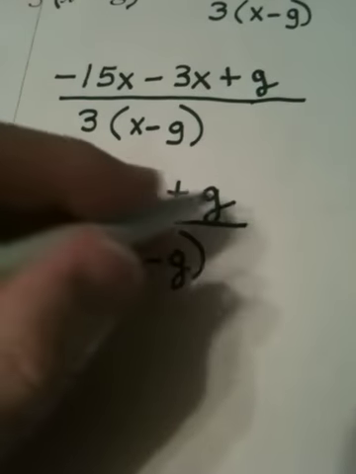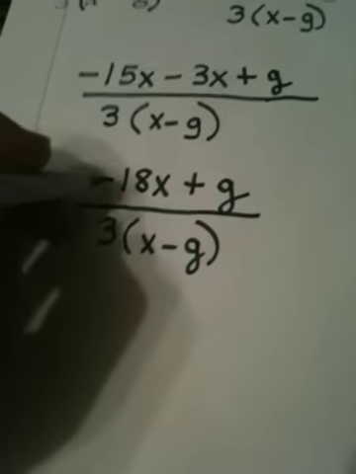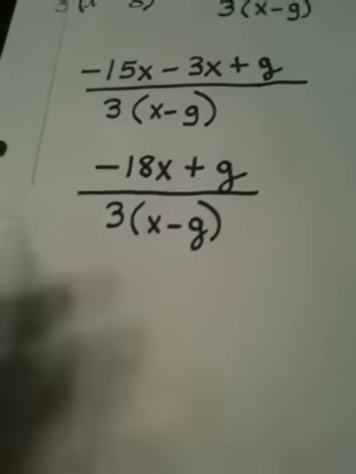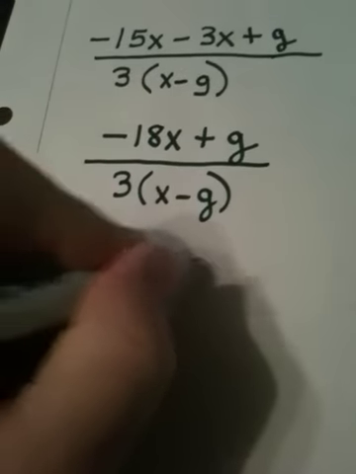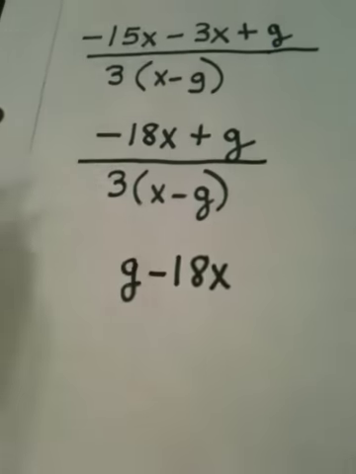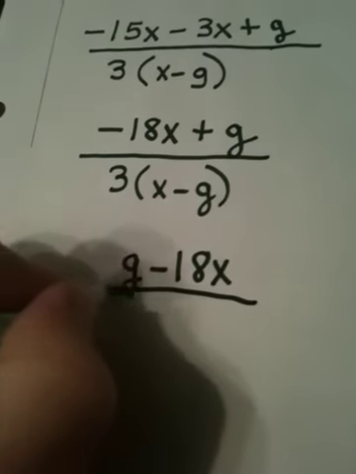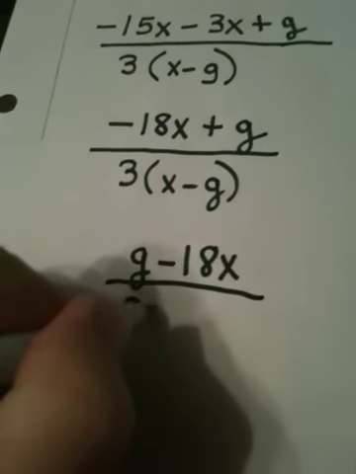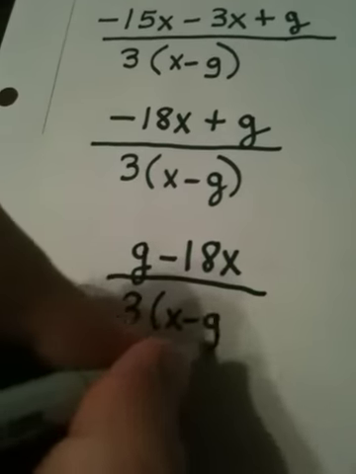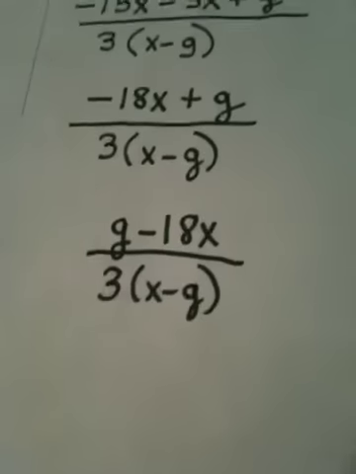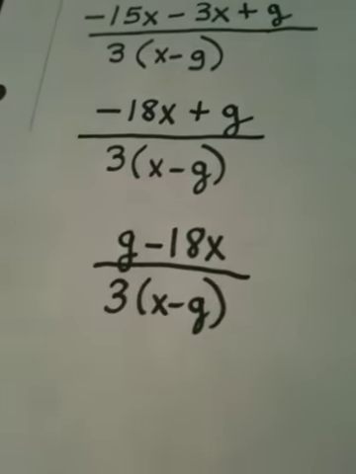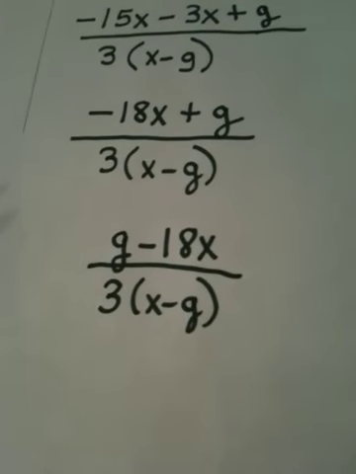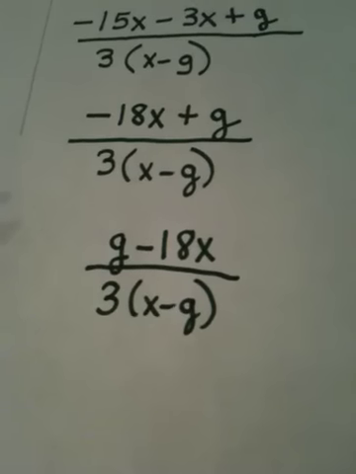First of all, the best way to write the numerator is not to start with a negative. The best way to write it is to write it as g minus 18x. Okay? It just looks better. The bottom is 3 times x minus g. Now here's what I want you to see. G minus 18x, there's absolutely nothing we can factor out of that other than a 1.